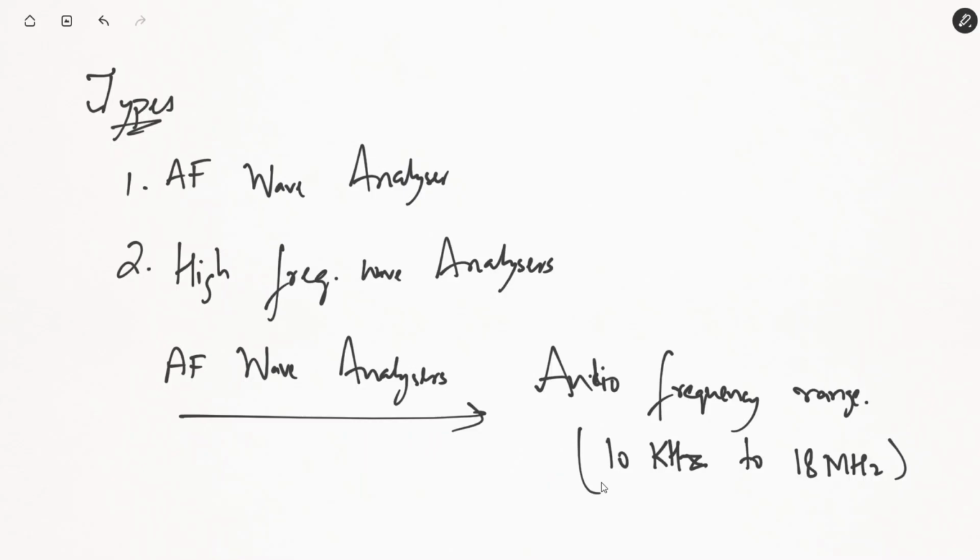Fine. So the RC filters in these devices will be tuned. The frequency range of RC filters being used in these devices will be anywhere between 10 kilohertz to 18 megahertz. And the important thing about AF wave analyzers is that this audio frequency.